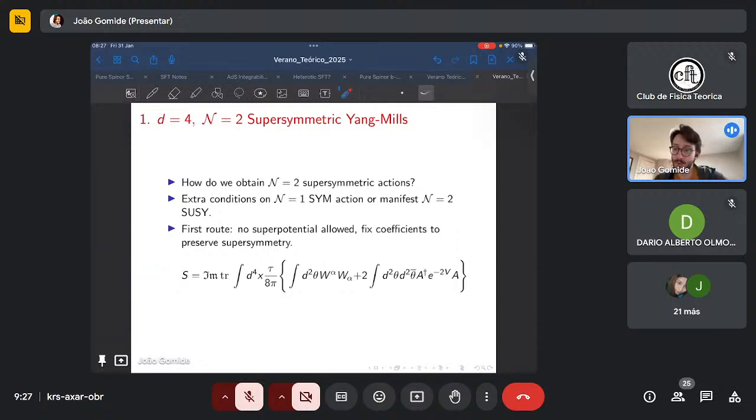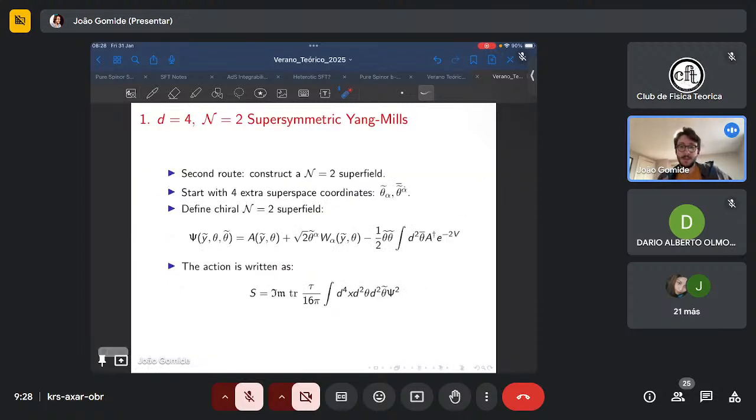You separate these two multiplets, tune coefficients so that the transformations work, and you'll end up with an action like this. The W here is like a potential for the vector multiplet, and the A's are the scalar multiplet. This is the interaction between them. And yeah, this is one thing you can write down knowing supersymmetry and tuning the indices.